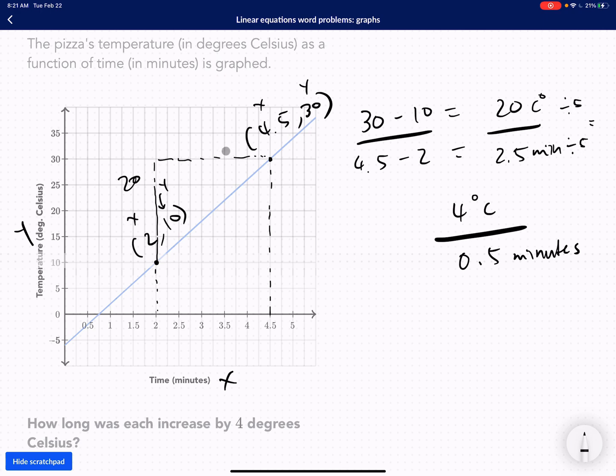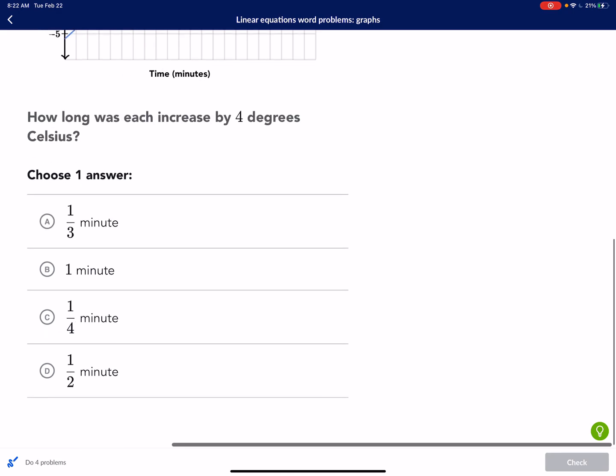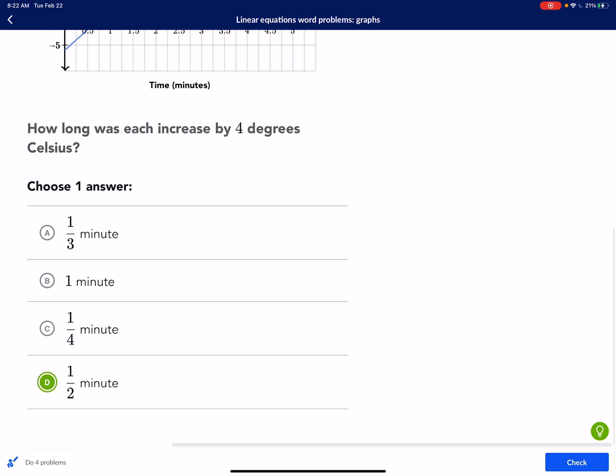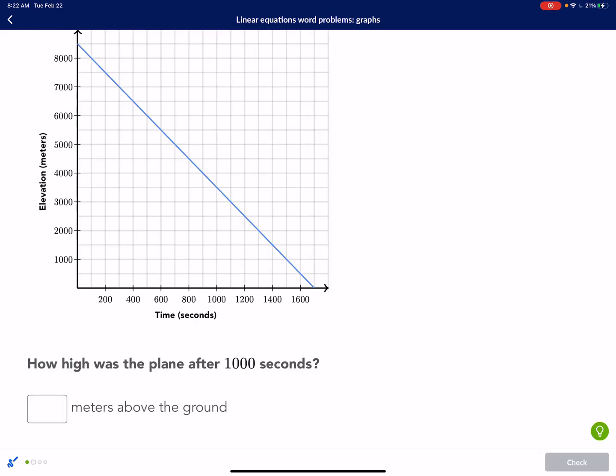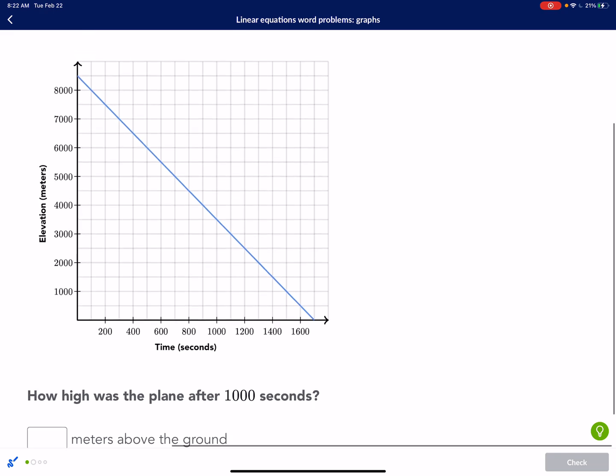So my rise is 20 degrees and my run is 2.5, and so 4 degrees over 0.5 minutes. Every 4 degrees Celsius increase, 0.5 minutes has passed. 0.5 minutes is the same thing as half a minute. And we're good.